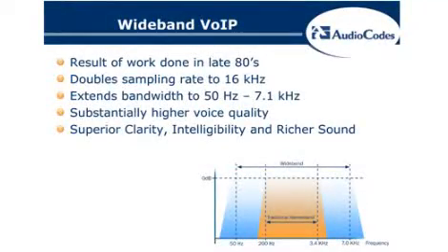The biggest difference when we go to HD is that we're doubling the sampling rate up to 16 kilohertz, and that significantly widens the spectrum of frequencies in human speech that can be carried over the conversation. That's what makes the difference in hearing the variations between bold and gold, or 15 or 50. You can hear the difference on an HD phone call that you can't hear on a regular call.